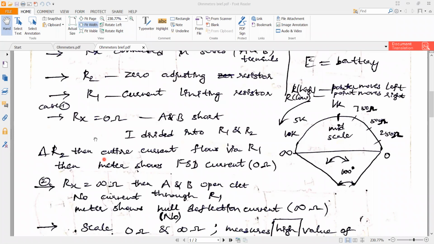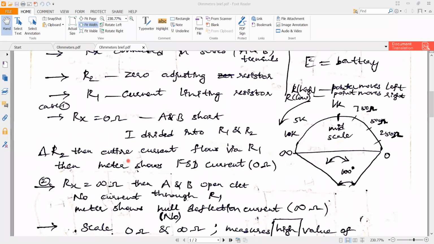We have maintained one potentiometer, and by using that potentiometer I am going to change the resistance R2. Then the entire current flows via this R1, and the meter shows full scale deflection current. Full scale deflection current means the current flow is maximum, so the resistance is minimum, almost equal to 0 ohms. This is the first case.